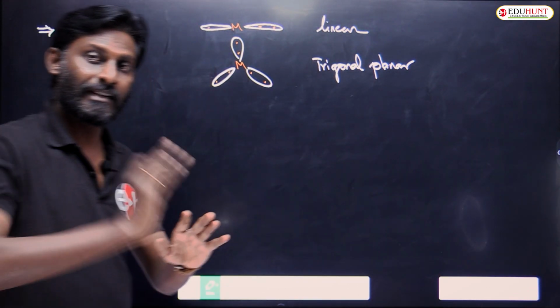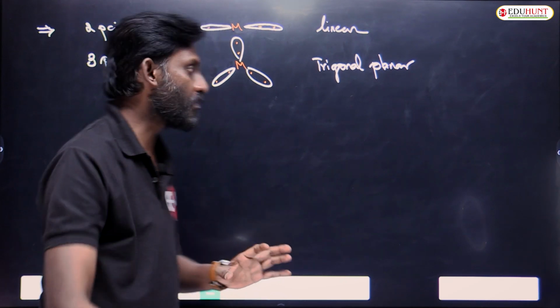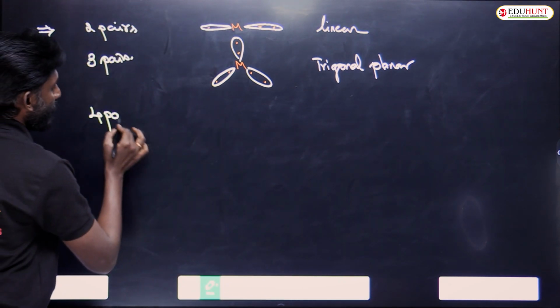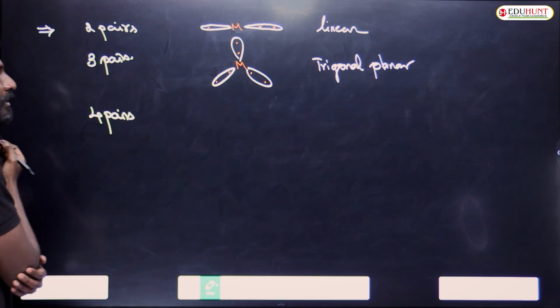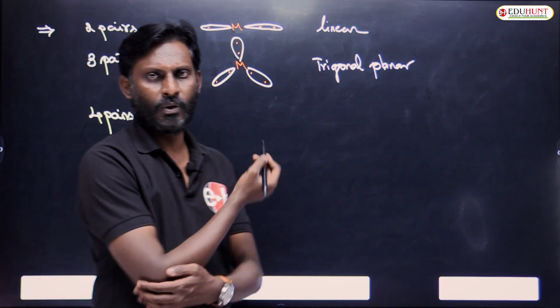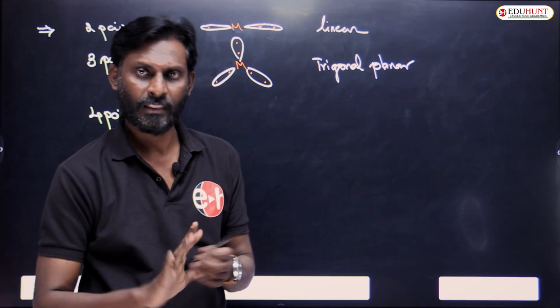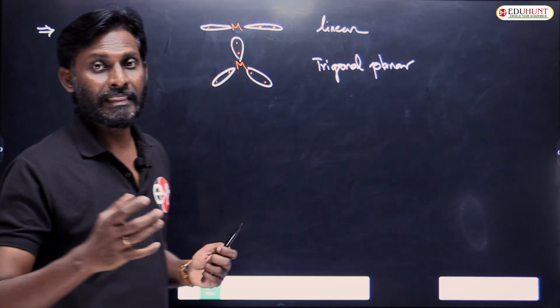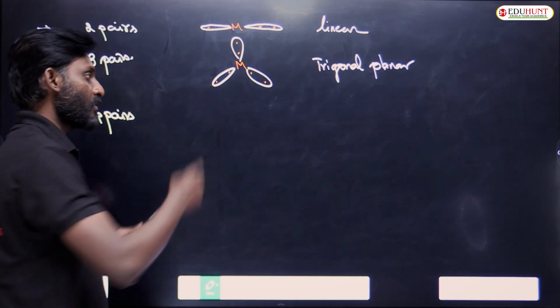Okay, and that was later developed by Nyholm and Gillespie. I'll tell you later. See, if there are 4 pairs in the valence shell of the central atom, the pairs can be lone pairs and bond pairs. That's a different thing. If there are 4 pairs around the central atom, the geometry which gives minimum repulsions is tetrahedral.